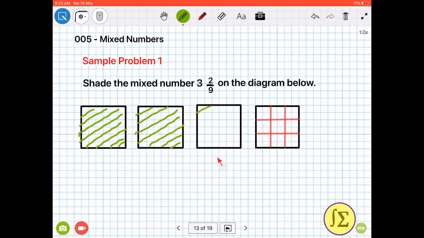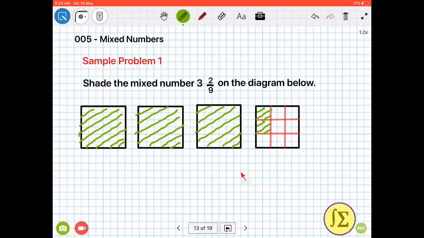That's 2. That's 3. And finally, we shade 2 of these little squares. That's 1 over 9. And that's 2 over 9. Okay, so that's the answer for sample problem number 1.